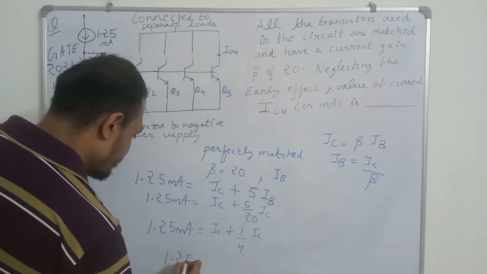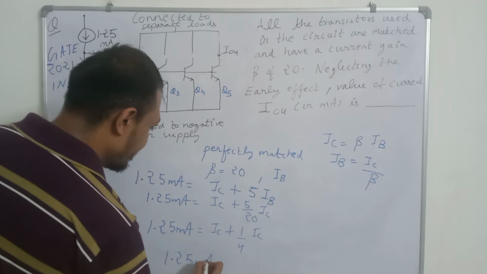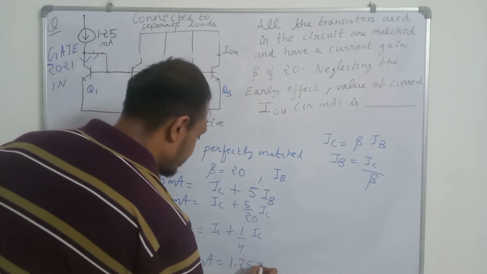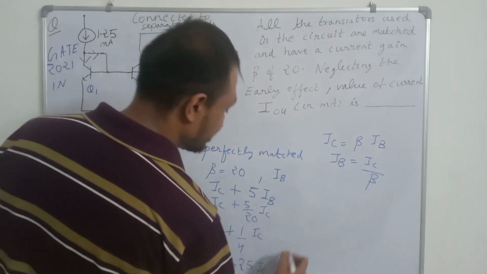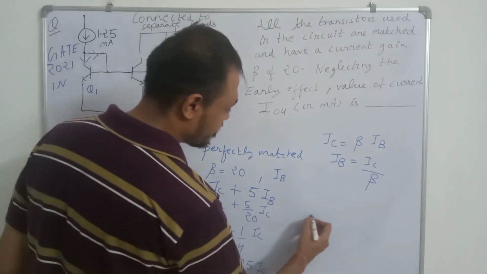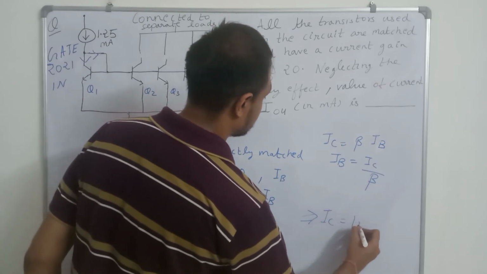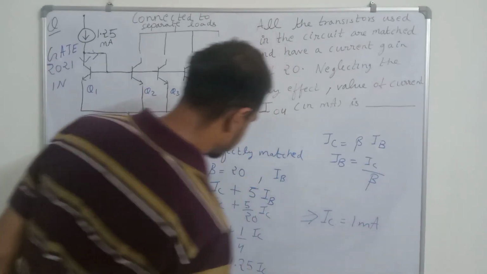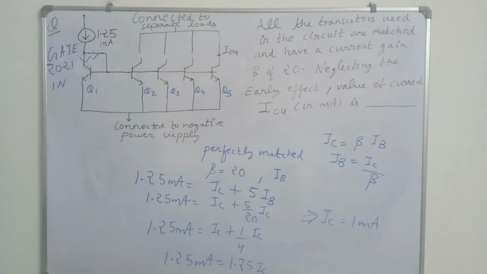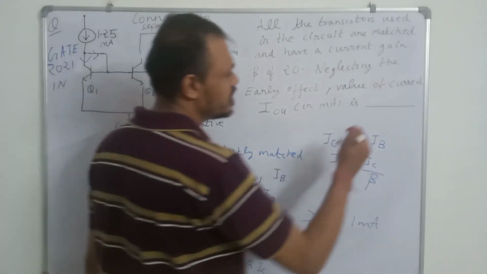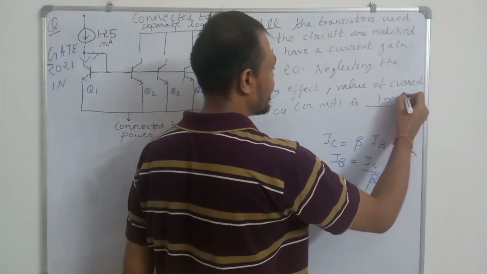So 1.25 milliampere is equal to 1.25 IC. Because 1.25 and 1.25 get cancelled, IC is 1 milliampere, and IC is nothing but I04. So I04 will be equal to 1 milliampere.